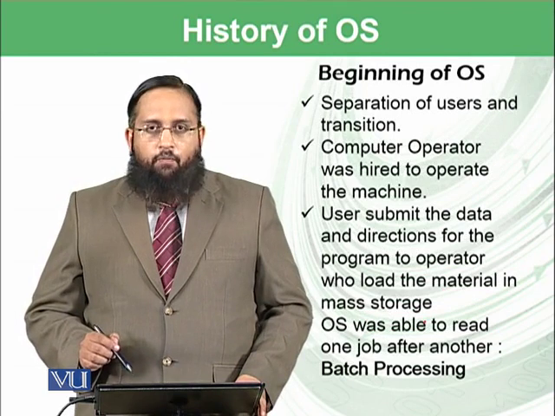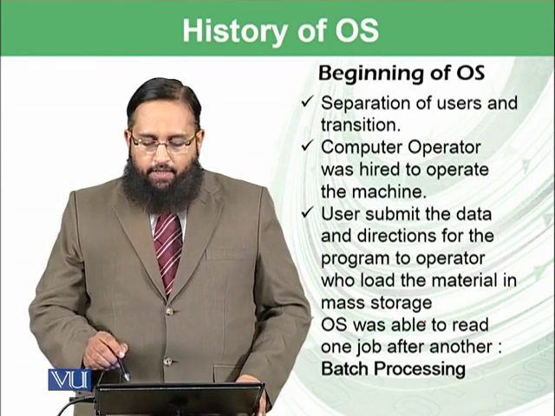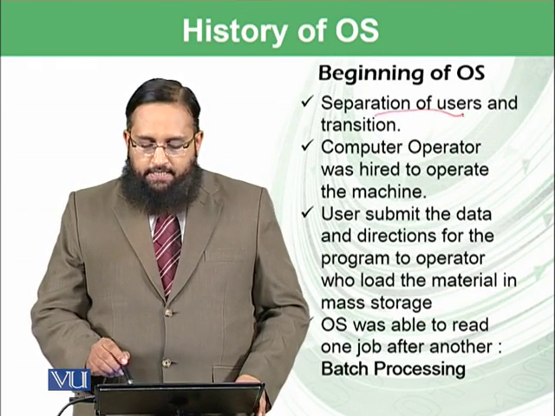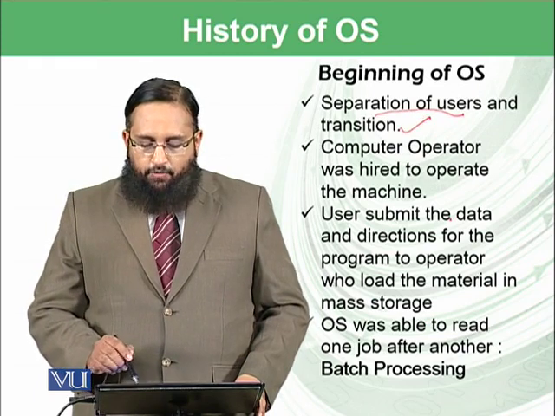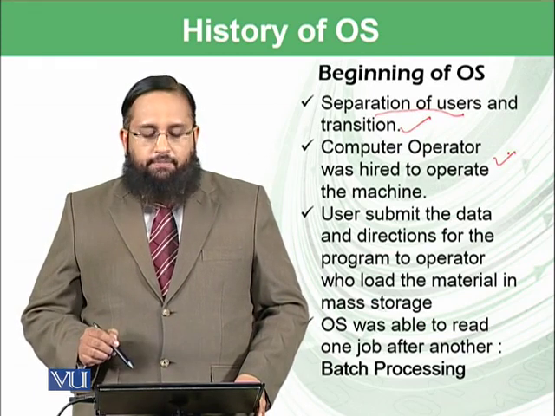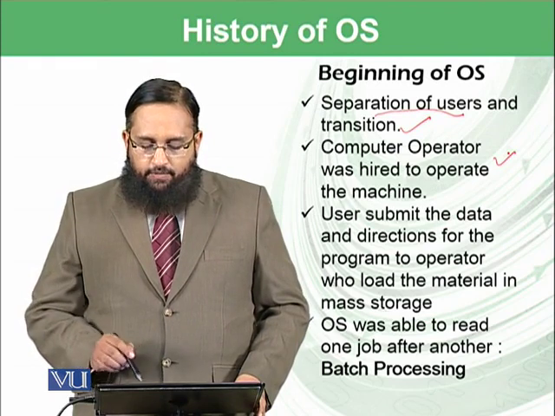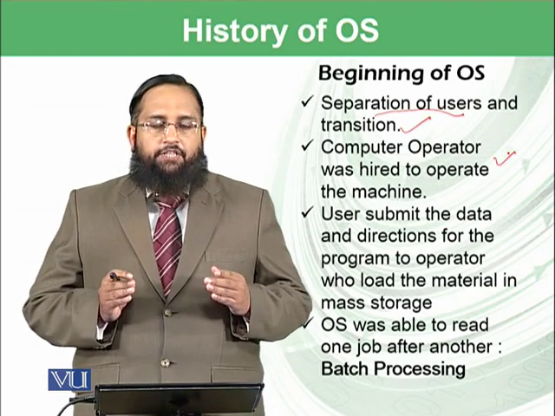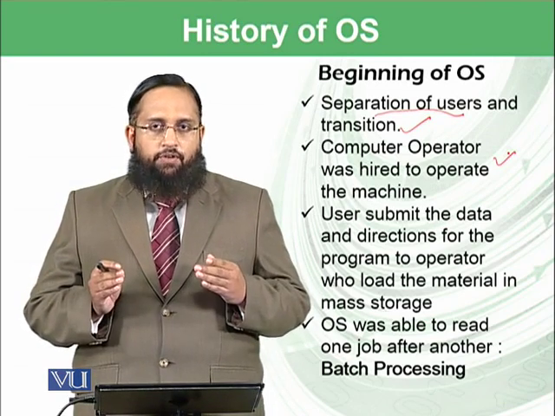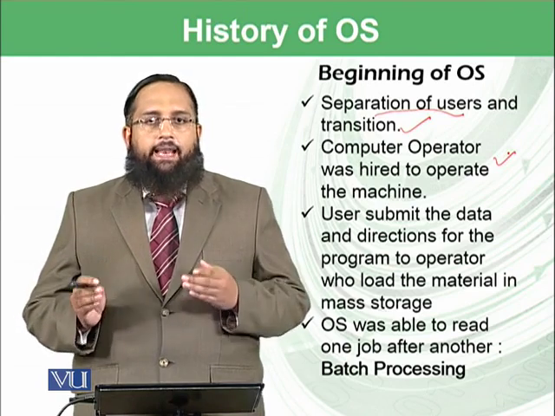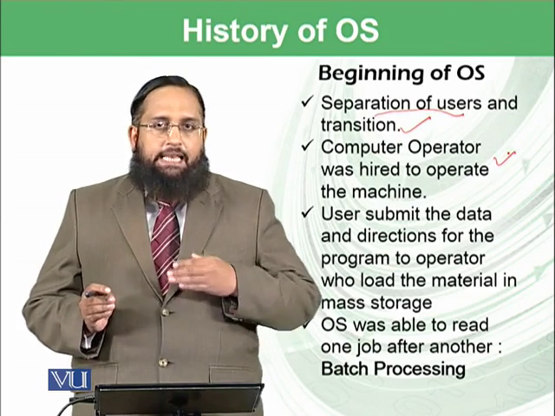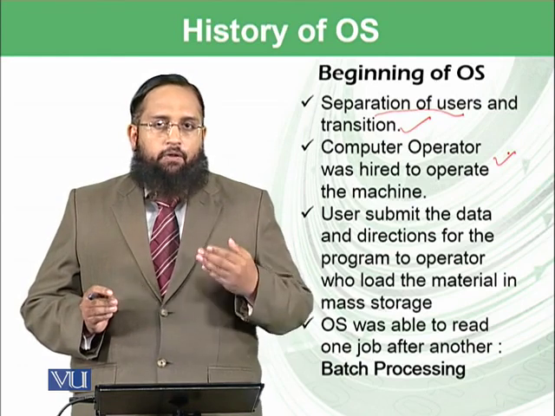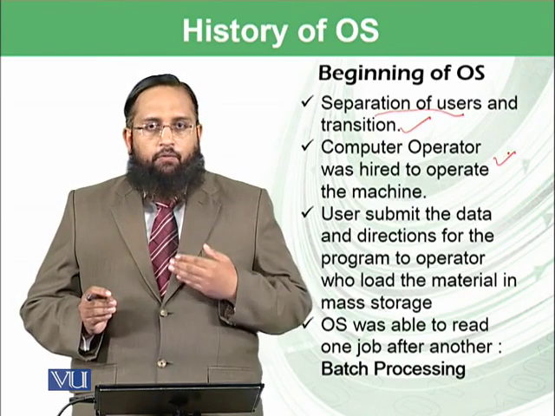So the beginning of operating systems was when we separated users and operators. A computer operator was hired to operate the machine, as we discussed, and users submit their data and instructions, which we nowadays call an algorithm, or the steps that need to be done on that particular data for that particular user.